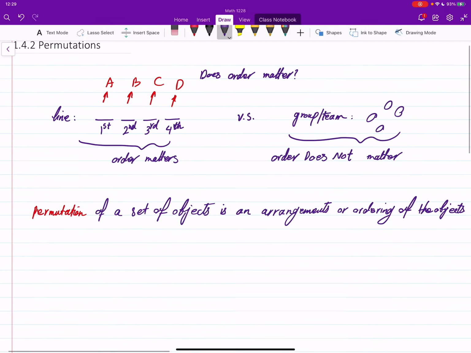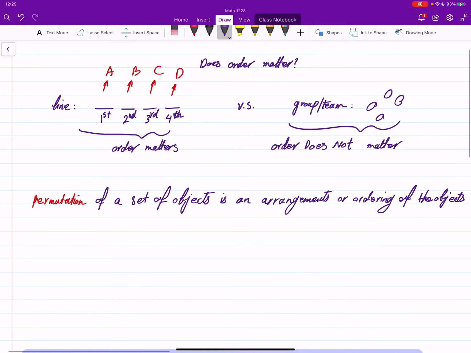Okay, so now we want to count the number of arrangements for n objects. So how many permutations do n different objects have?